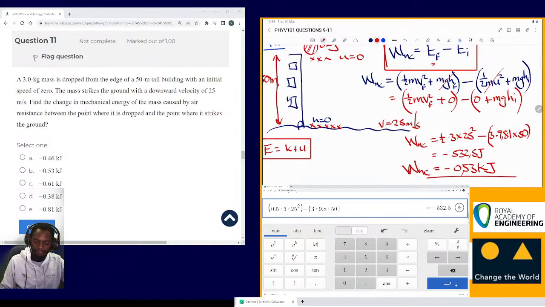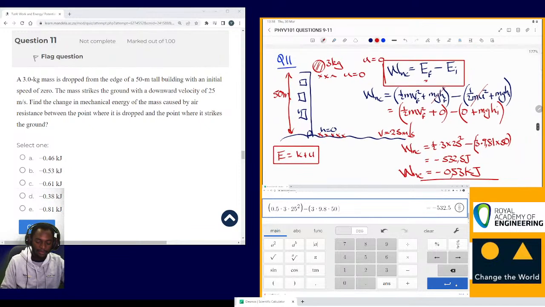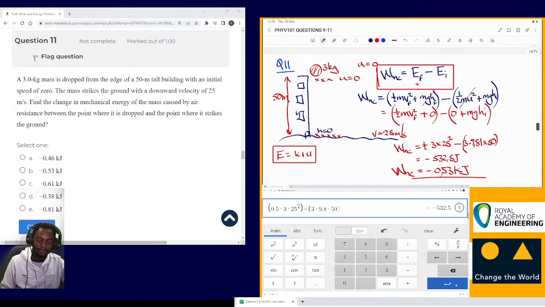Alright, so that's how we've worked that question out. We looked at the concept, we realized that there is a non-conservative force, which in this case is air resistance. So this is the amount of energy that is dissipated as a result of air resistance.